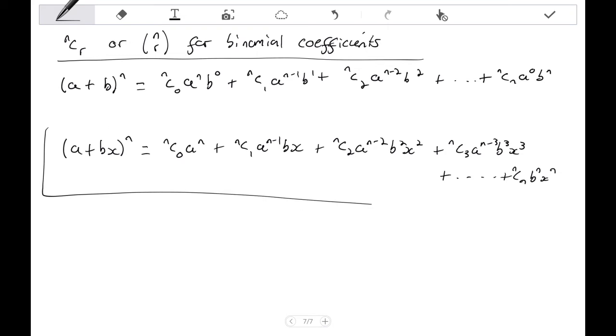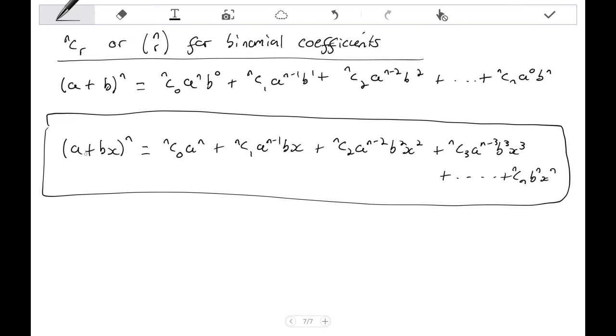As I say, if you remember this form, it will be more useful for you because you will often be expanding something of the form a plus bx to the power of n. That will be something you'll be expanding on a regular basis, and it's something that we're going to expand right now. I'm just going to give you a little bit more time to look at that and make sure it's in your head.